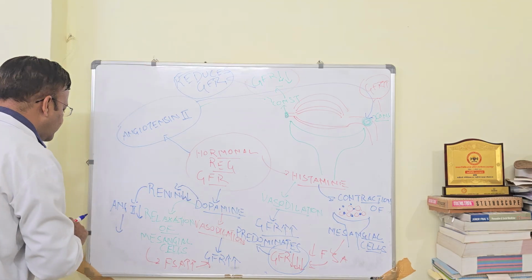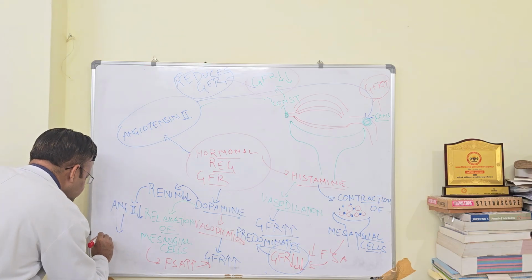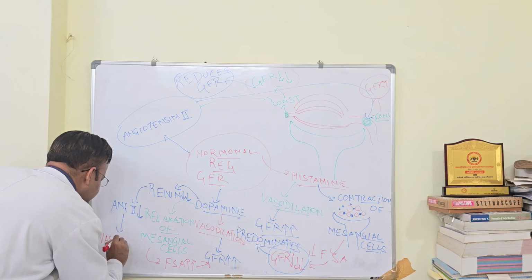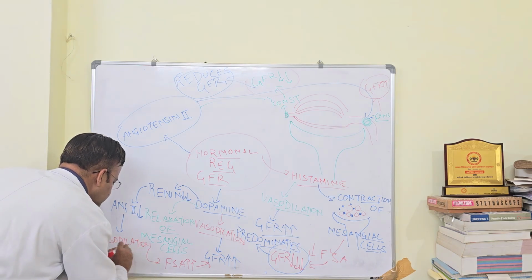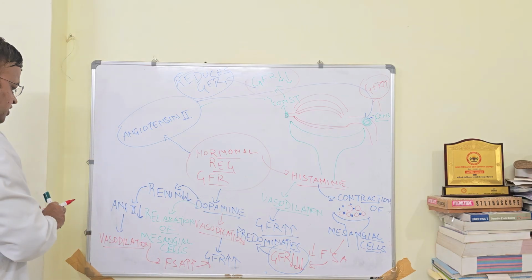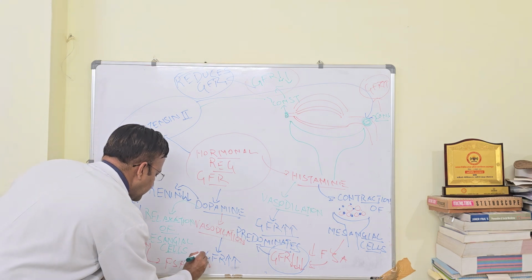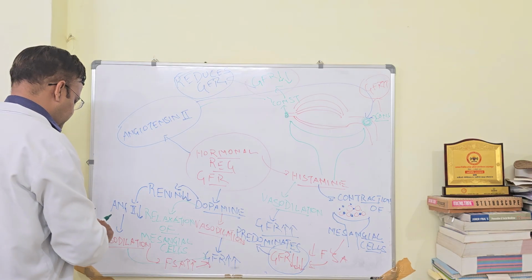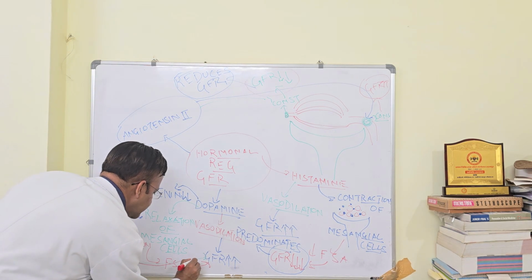We are going to see vasodilation, right? Vasodilation. And if vasodilation happens, what will it lead to? It will lead to increase in GFR, right? Let's mark it with something. Yeah. Increase in GFR.